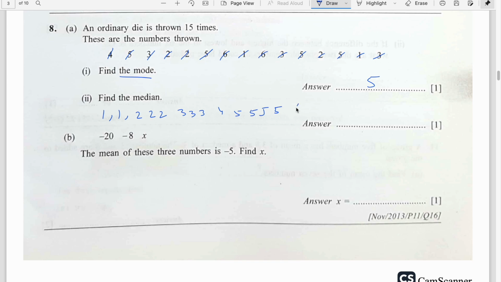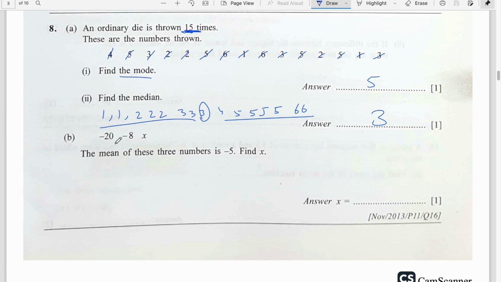I think nothing is left. Now these are 15. So we know the center number would be the 8th number. 1, 2, 3, 4, 5, 6, 7, 8. This is the center number. These are 7 and these are 7. So median is 3.